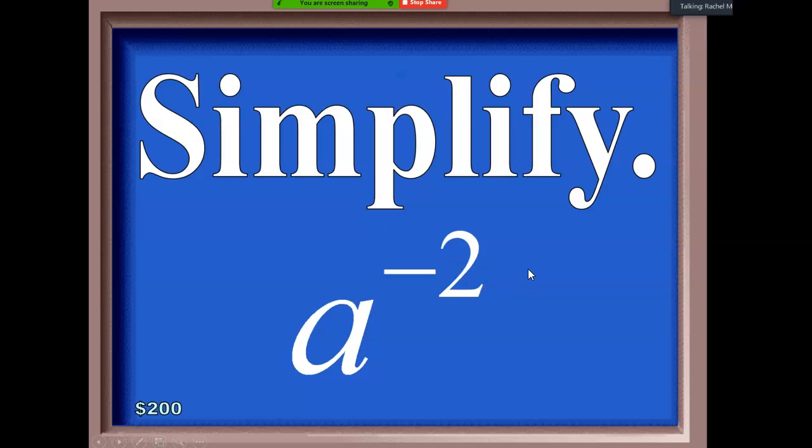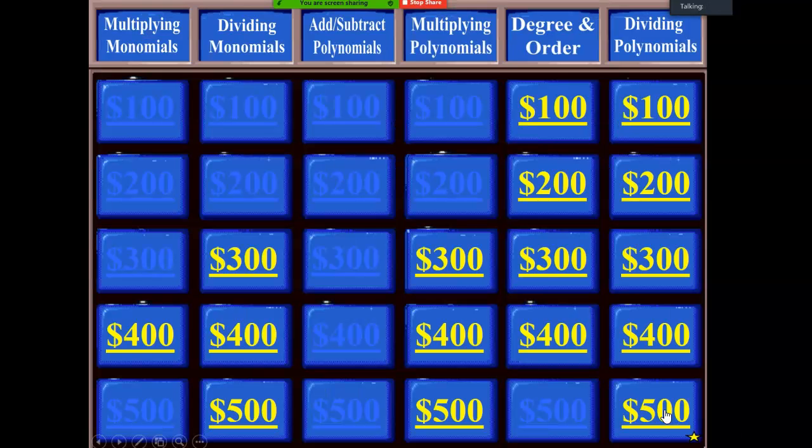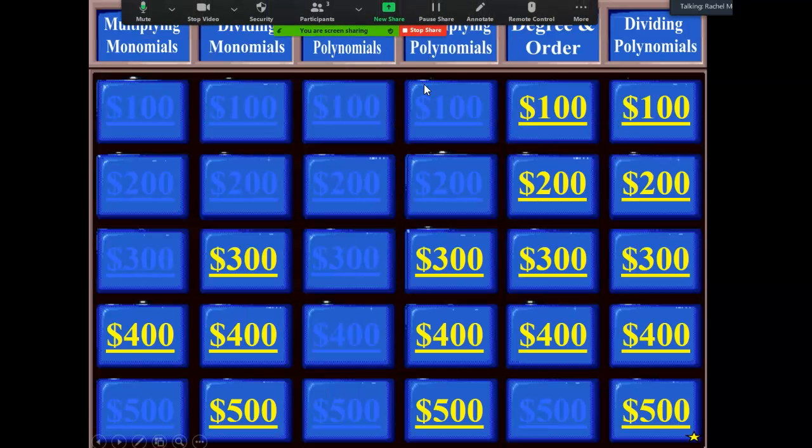So to clean it up, you have to drop it to your denominator. So what is 1 over a squared? All right, category and points, Noel.